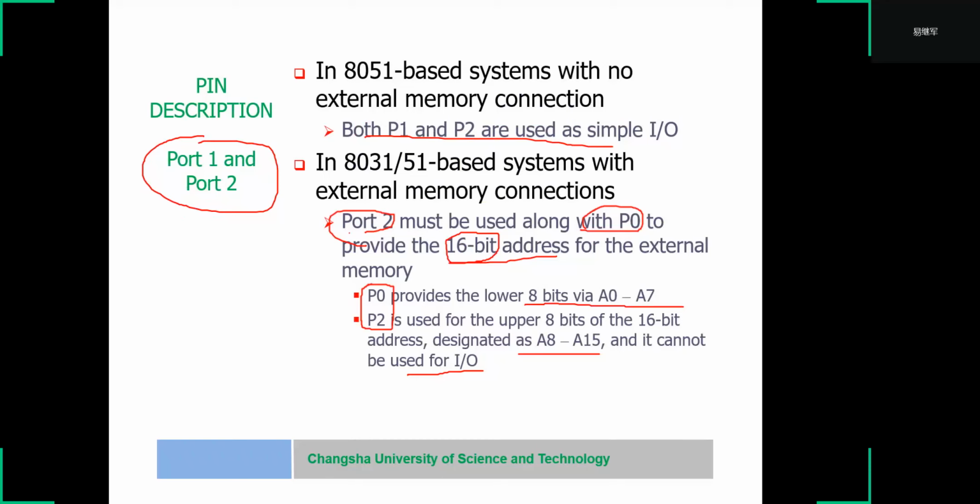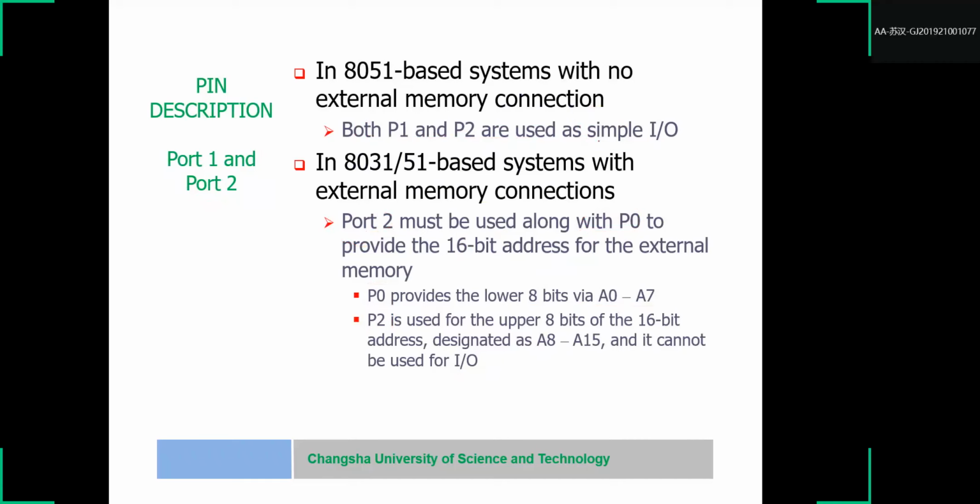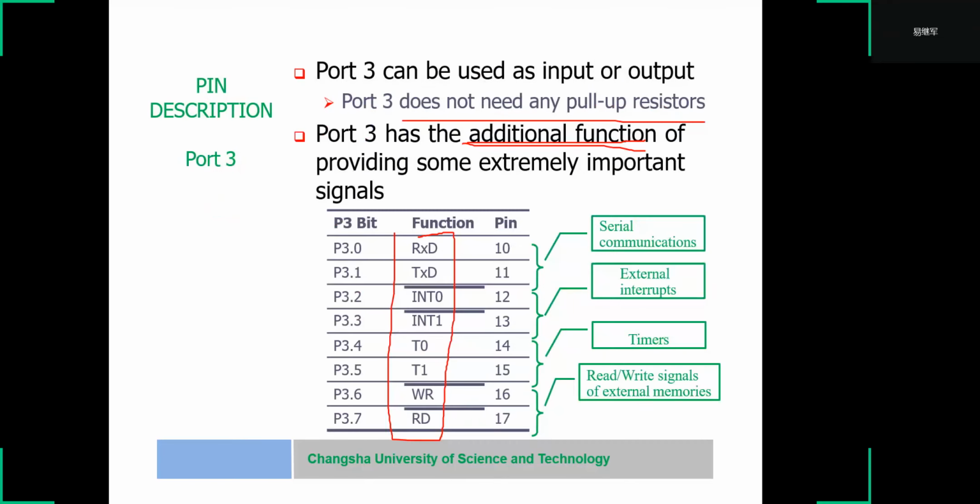Port 2 and port 1 are used as simple I/O, just for I/O. Port 3 can be used for I/O or for the additional function. So which port is the most useful in 8051? This port 3 or port 1?